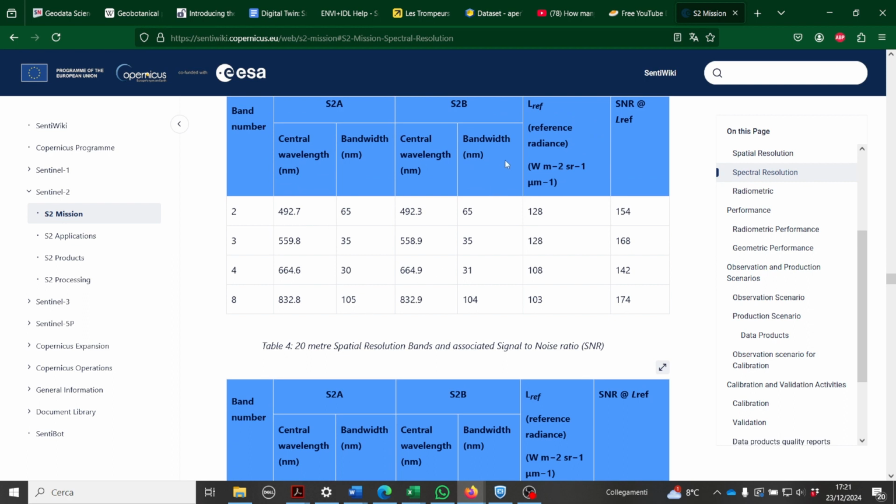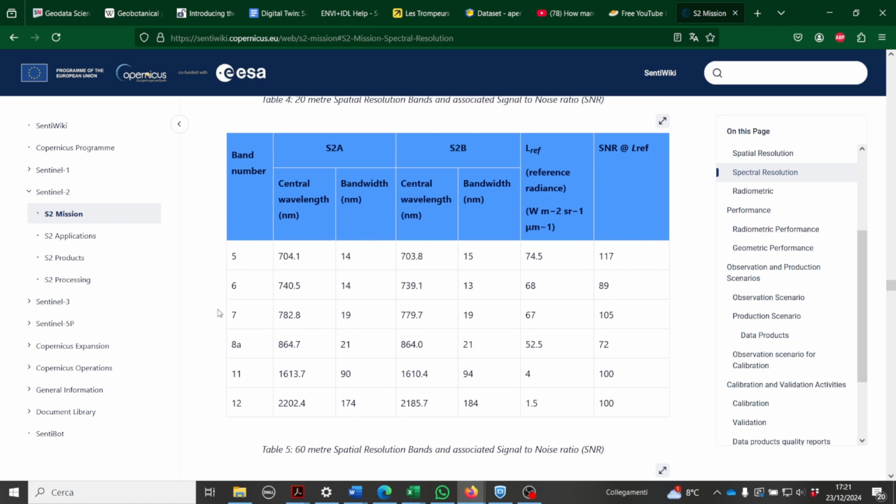The 4 bands in the visible. Pay attention to the naming, or better, to the numbering of these bands, because you see these 4 bands at 10 meters, blue, green, red, and infrared, are numbered 2, 3, and 4, 2 for blue, 3 for green, and 4 for red, and the number 8 is the near infrared, 10 meters.